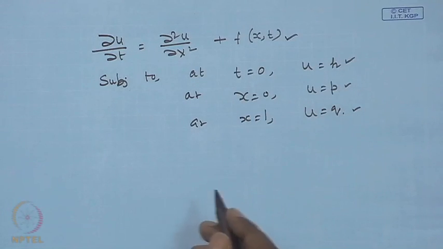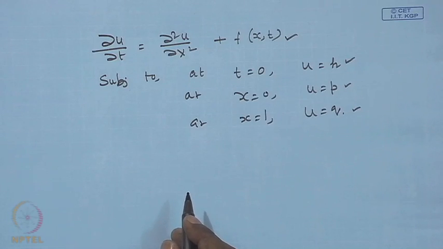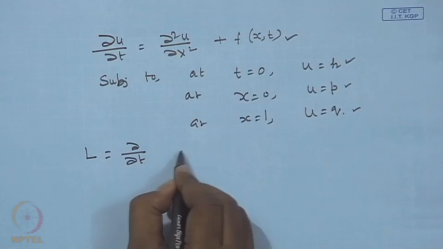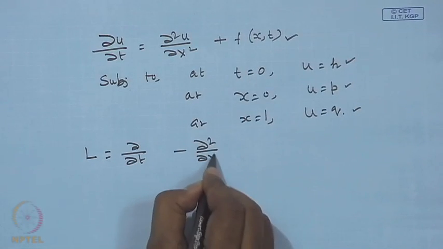So, in the last class we constructed the causal Green's function. We solved the causal Green's function using partial eigenfunction expansion method, and then we have obtained the adjoint Green's function, and the adjoint operator was not the same operator. So, L = ∂/∂t − ∂²/∂x².